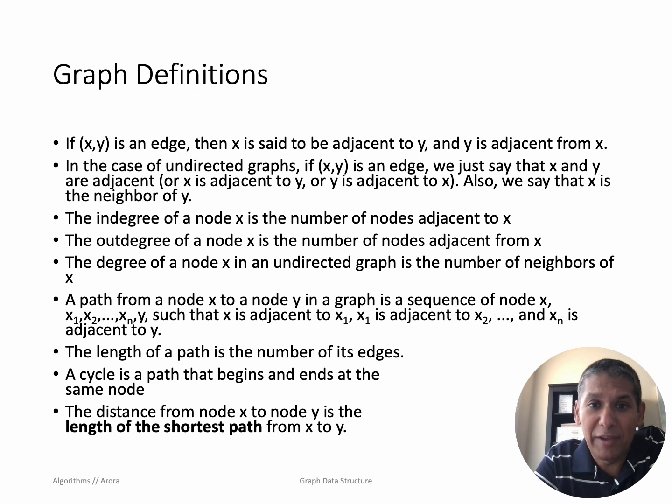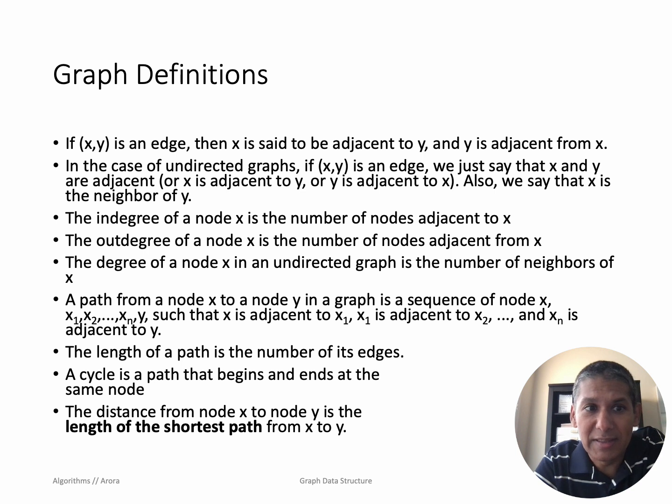If the graph is directed, then we use the concept of in-degree of a node x: how many edges are coming into x? Out-degree: how many edges are going out of x? And if the graph is undirected, then we simply say degree, which means how many neighbors there are, because the edges don't have direction.